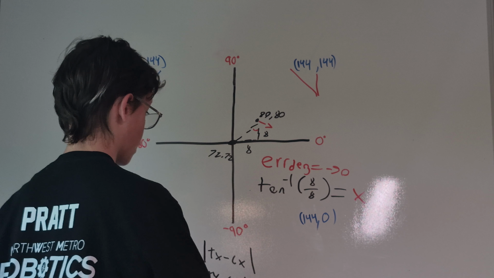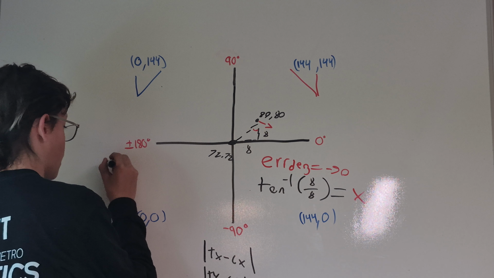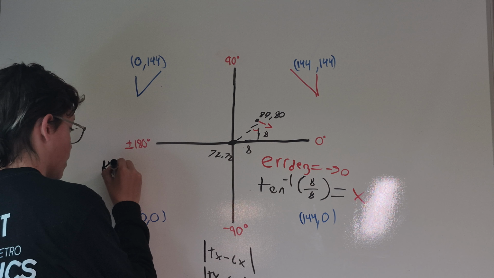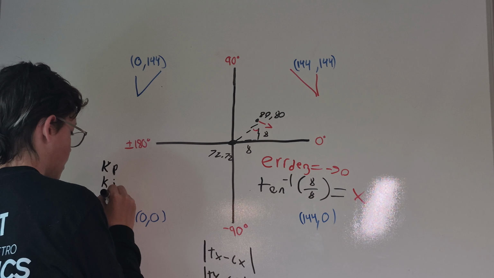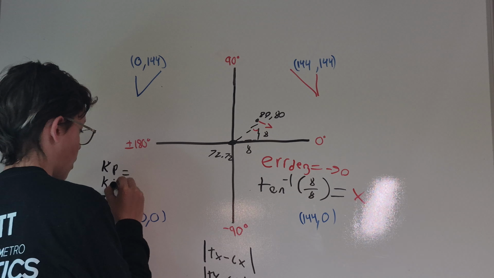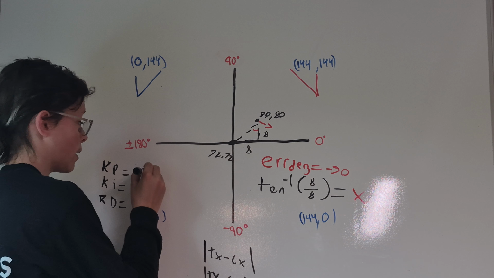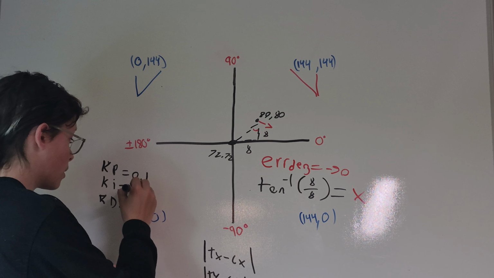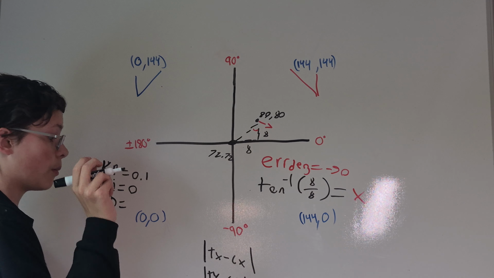How this works is we take the error degrees and use a PID. We use kP, kI, and kD. These all need to play a part. The P is usually pretty small, I think it's 0.1. The I is 0 because we don't use kI in here, because otherwise it will break.